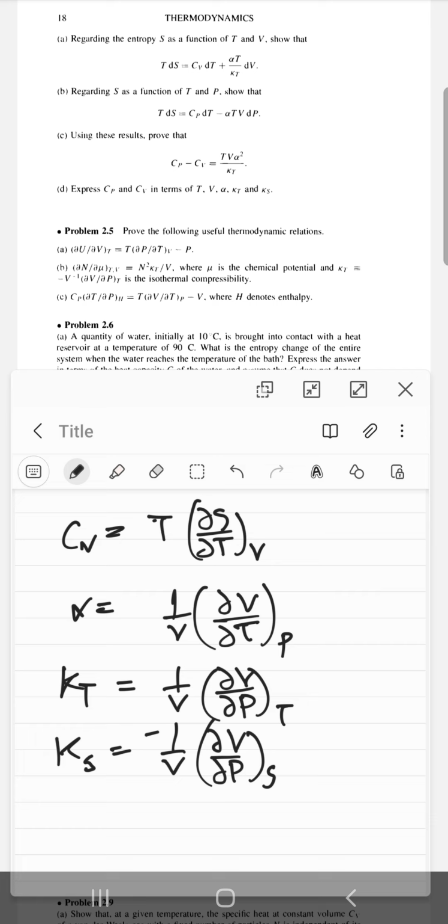Yeah, cool. And how do we use that to write down this equation? That's the question.